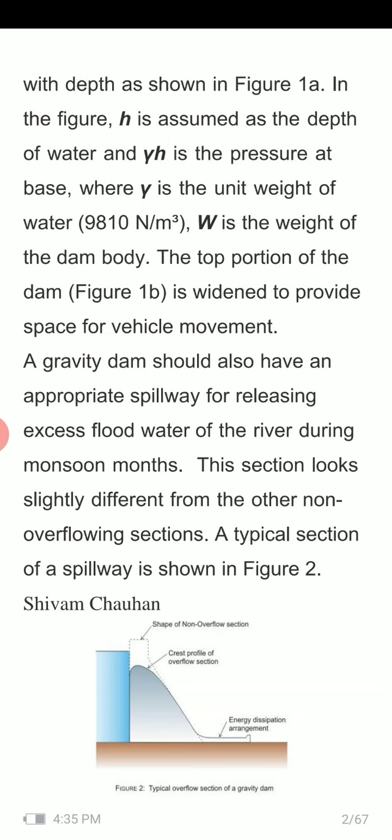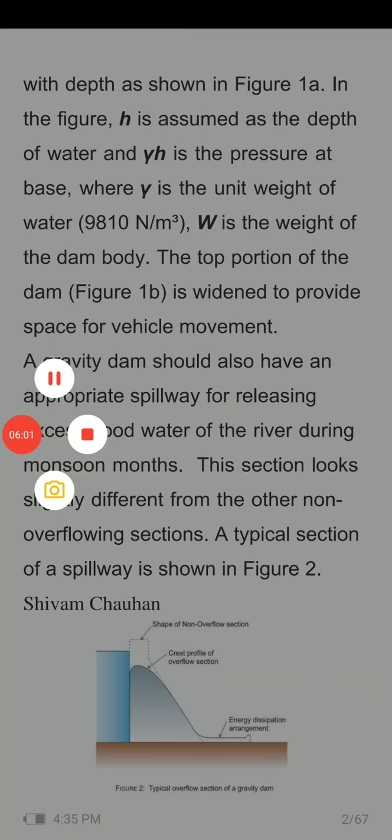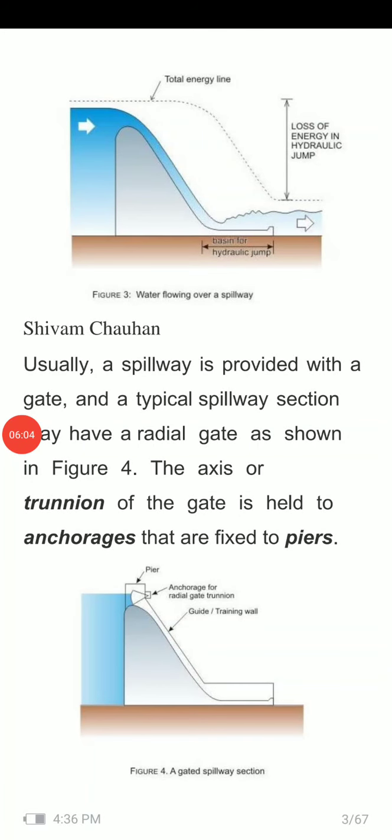It is another form of kinetic energy which leads to erosion of the bed material of the concrete dam section. As I have explained about the hydraulic jump energy loss, in figure 3, when water is flowing over a spillway, there is a difference between the energy at the very beginning and the end.